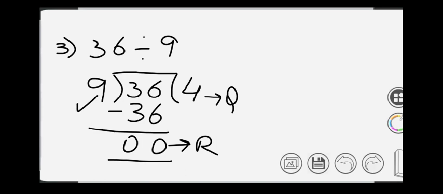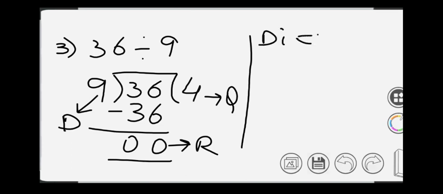So here the dividend is 36 and the divisor is 9. Now again it's time to cross check our answer. So to cross check, I'll be using the same formula, that is dividend is equals to divisor multiply by quotient plus remainder.